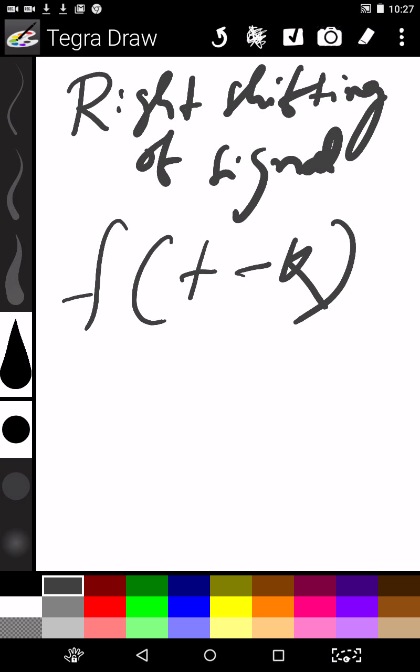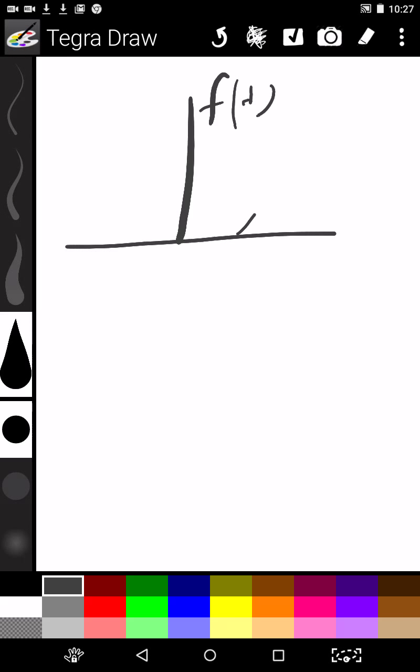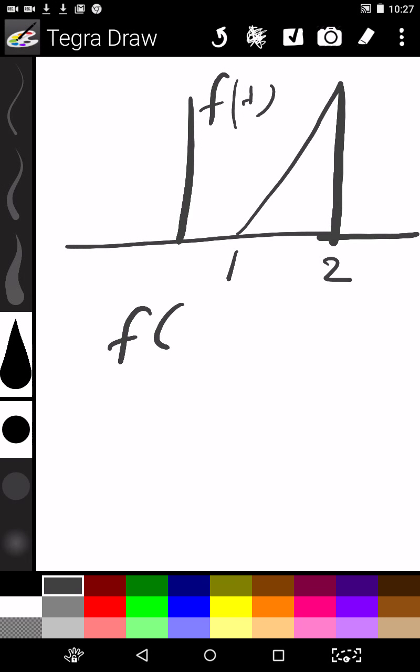For example, let's say this f of t signal is given to us, with 1 and 2 on the time axis. Let us find f of t minus 1.